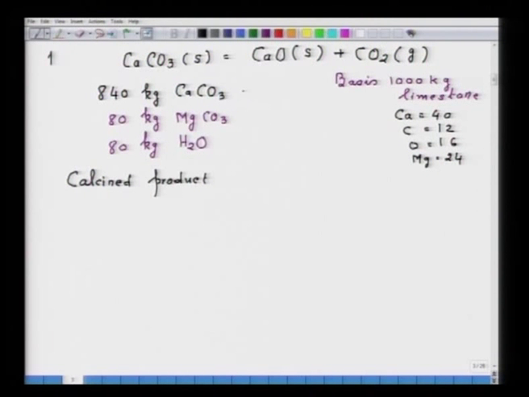So, from here I will get the kg moles of calcium carbonate, that will be equal to 8.4; kg moles of MgCO3 will be equal to 0.952; and kg moles of water will be equal to 4.444.